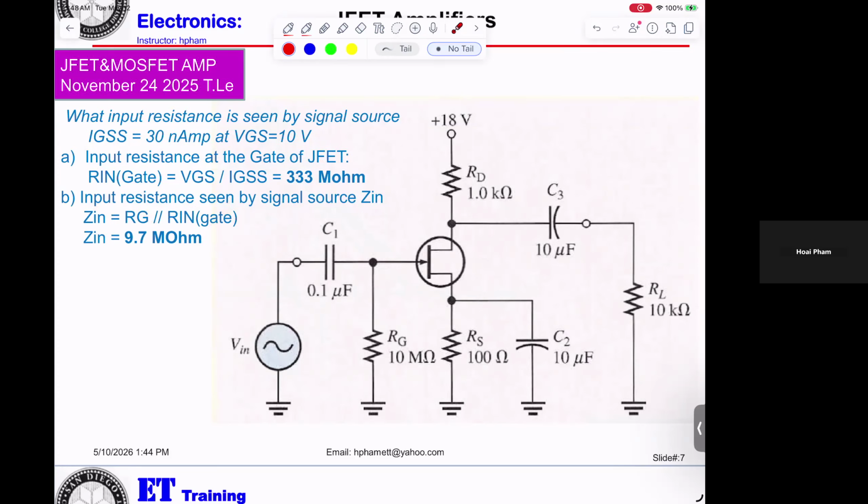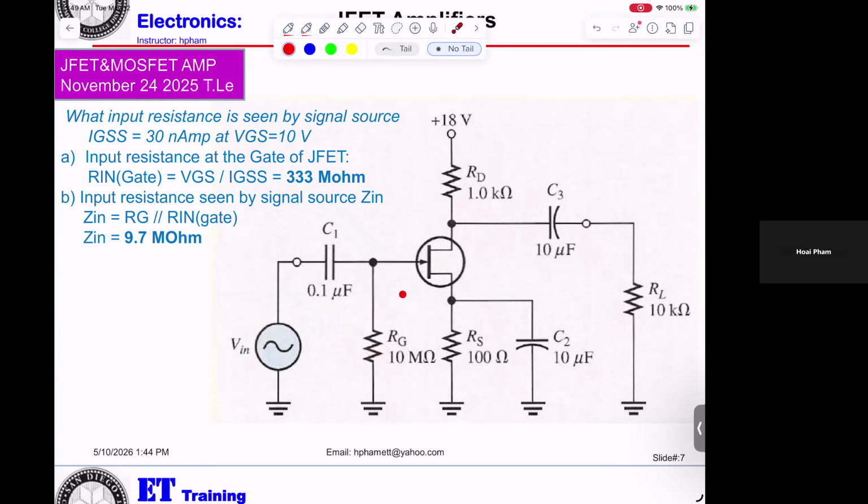And finally, the input resistance equals 9.7 megaohm. Okay? Remember, if you're looking into here, you can see you get RG.